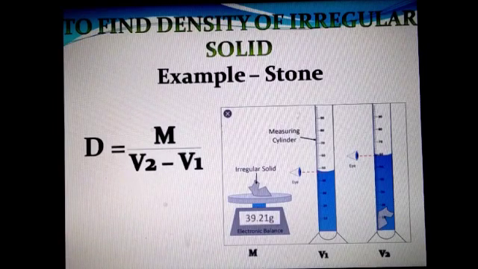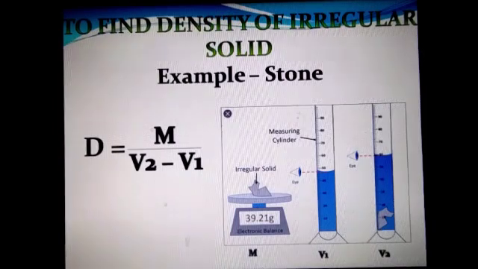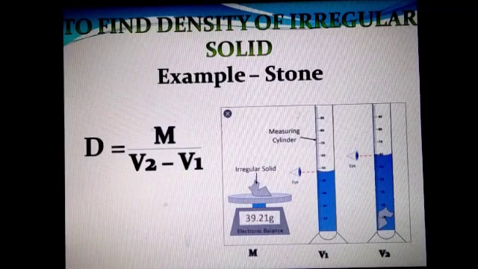To find the volume of that irregular body, as we cannot directly apply a formula, we have to take a measuring cylinder and take some water in it. As you can see in the figure, in the first measuring cylinder, the level of water is nearly 48 ml or centimeter cube.